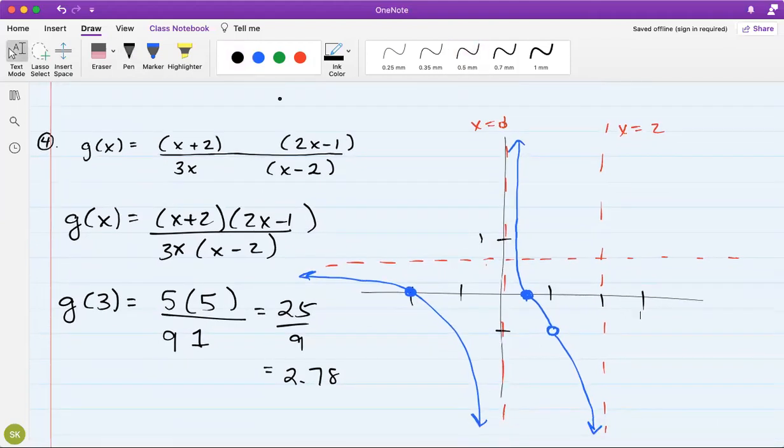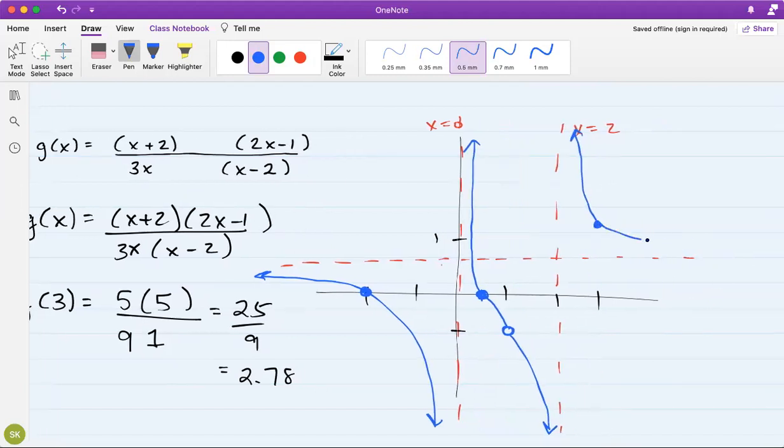So the asymptote was 2/3, and this number is much bigger than 2/3, which tells us that we're somewhere up here, and we're not going to cross this x-axis. Here we have a vertical asymptote, which we're going to go towards, and since we're not going to cross this axis, of course, we're going to have to go up like that. And then on this side, we could go a little bit down below it, but the overall idea is we're going to go towards this horizontal asymptote.